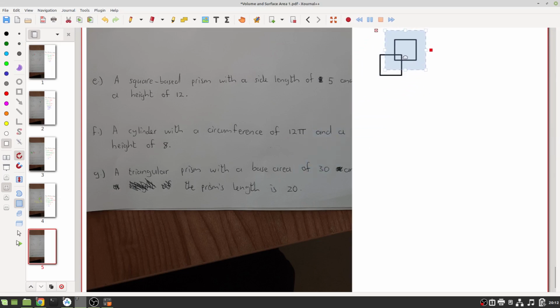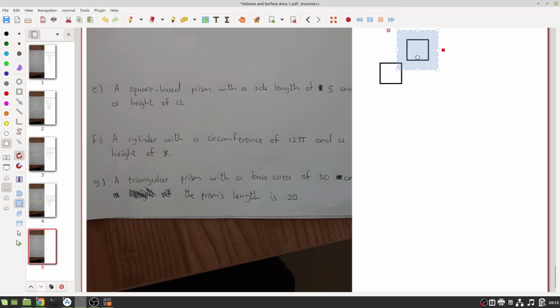Then we put another one like here. Let's do that. And let's just connect those lines, this one here to that edge, this one here to that edge, and this one here to that edge.